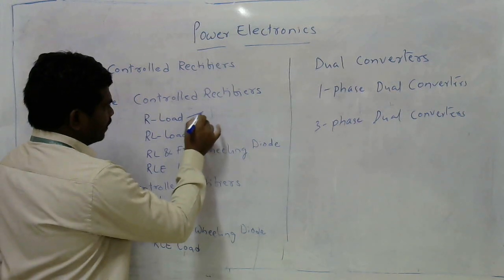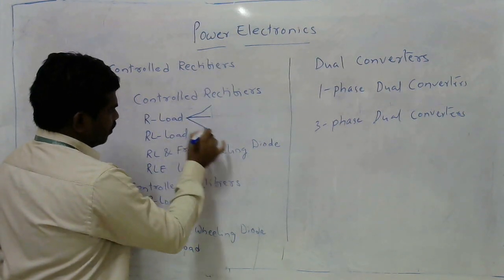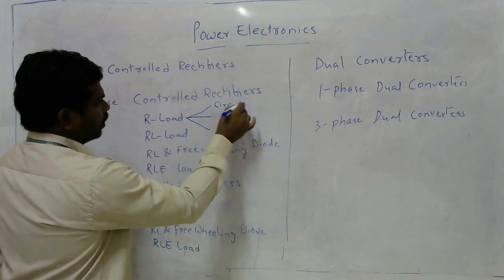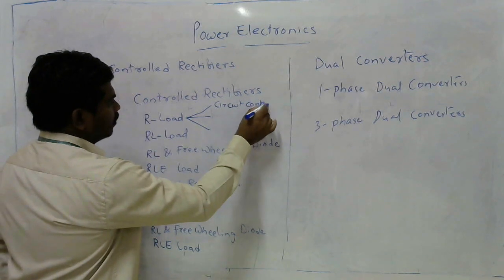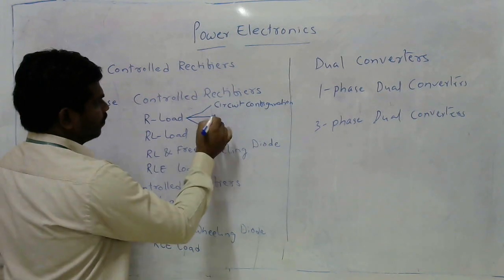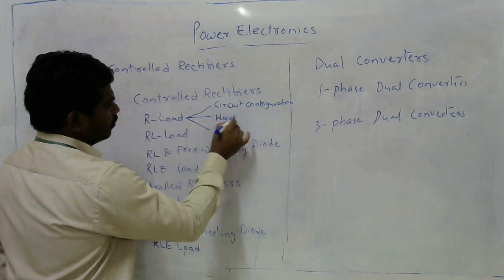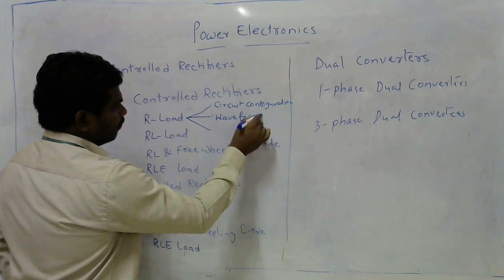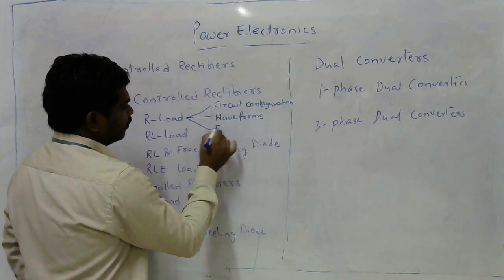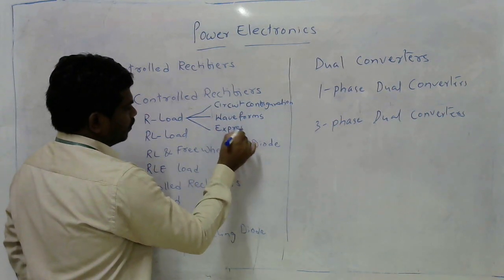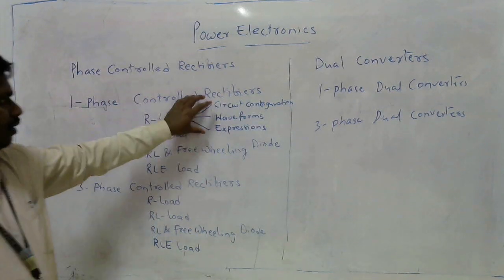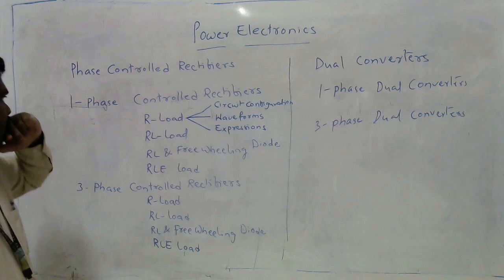The things we are going to discuss are, first, the circuit configuration; second, the corresponding waveforms; and third, the corresponding expressions. So mainly we are going to see these three for a particular circuit.